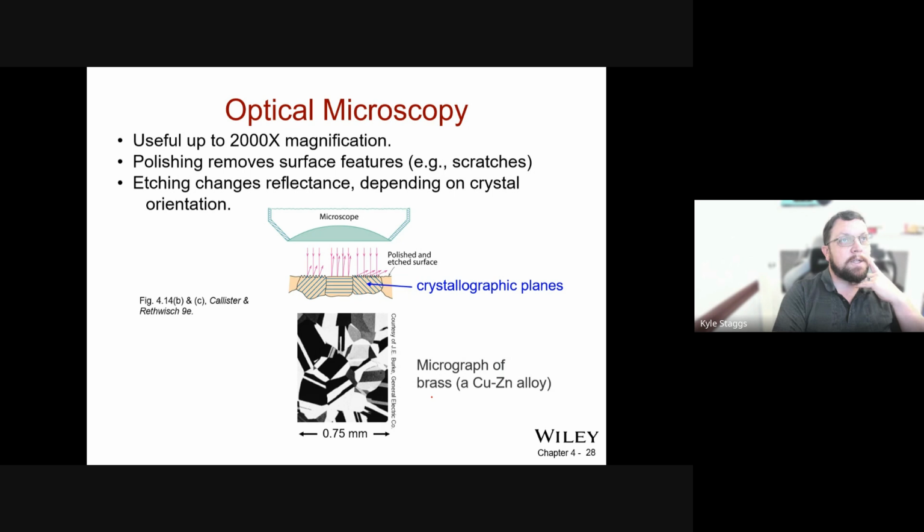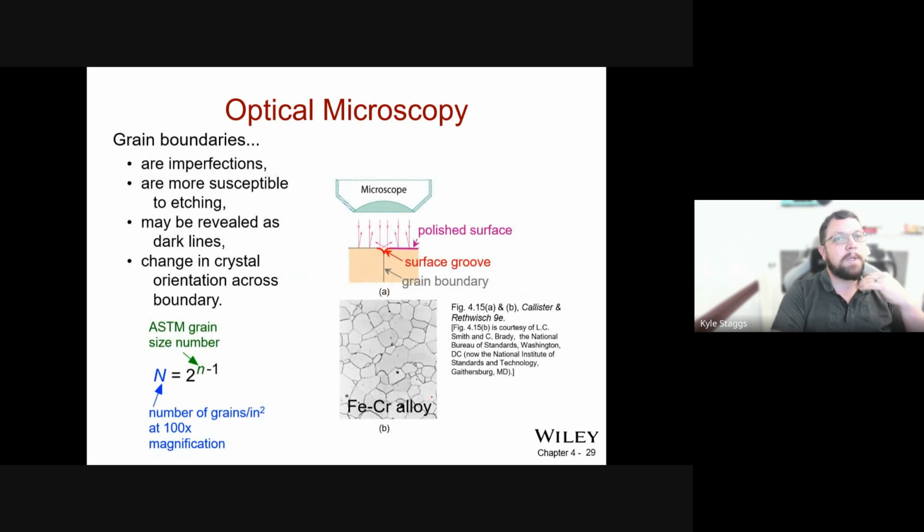So with the etching and all of the polishing on the surface, everything gets ground. There's still a lot of minor imperfections in the surface that would be easier to see under an electron microscope than optical, but that's what gives you the sharp color contrast in these materials.